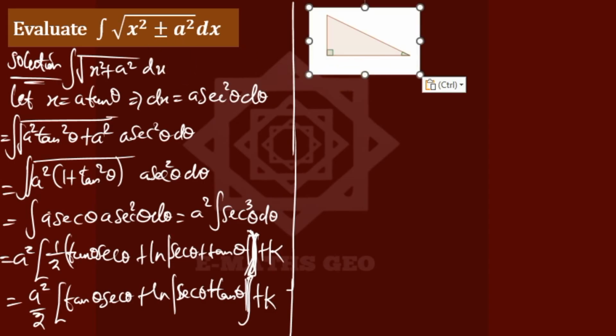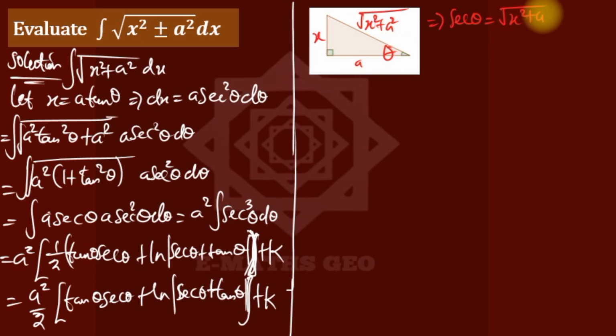Since tan is x over a, meaning this is theta, tan is x over a, so this is now the square root of x squared plus a squared. Sec is 1 over cos, so cos is adjacent over hypotenuse, so this is the square root of x squared plus a squared over a. So let's continue.